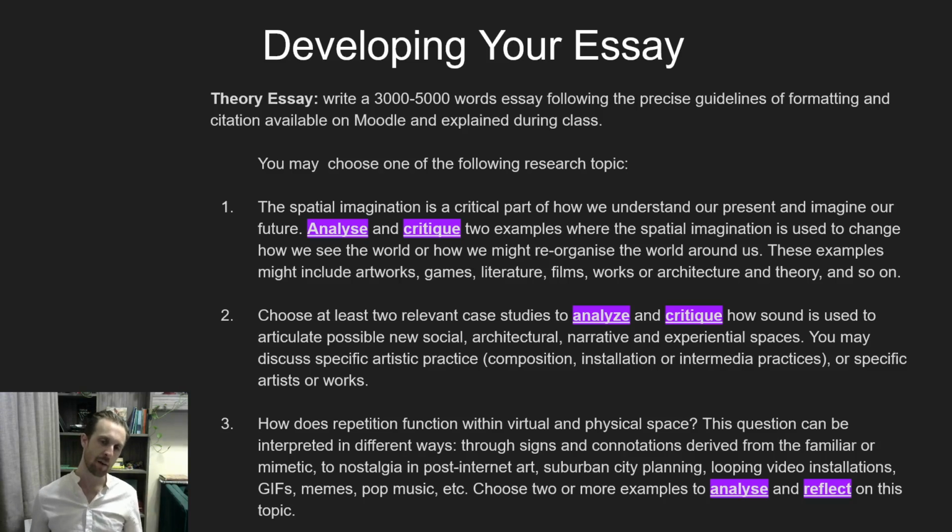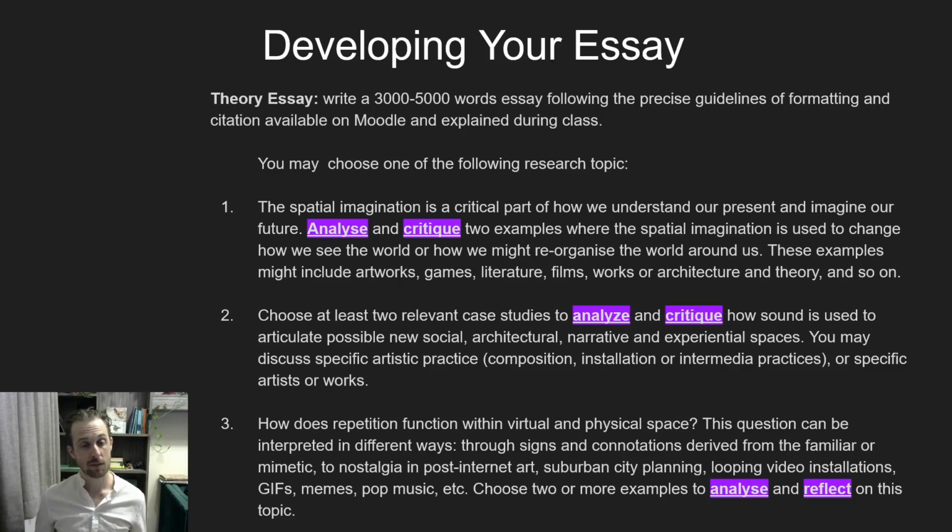So we've discussed many examples so far that could be used as case studies in this question, but also you can find case studies of your own that you think are interesting. The second question: choose at least 2 relevant case studies to analyze and critique how space is used to articulate possible new social, architectural, narrative, and experiential spaces.